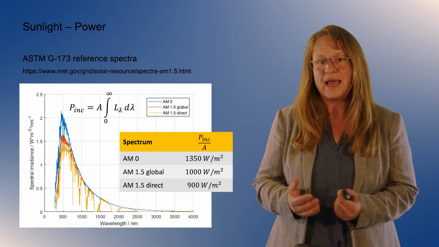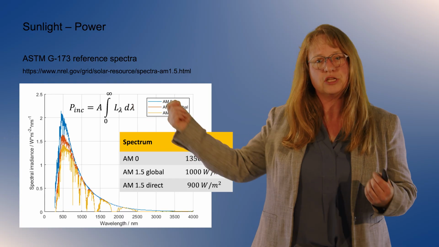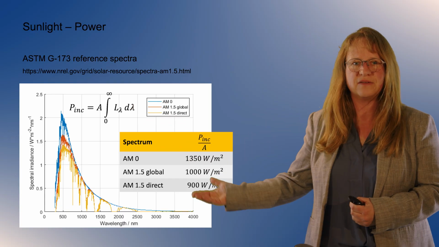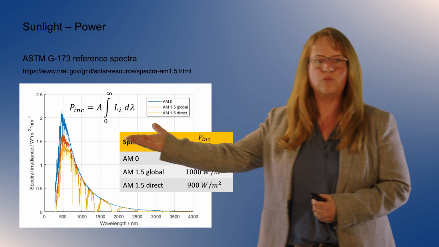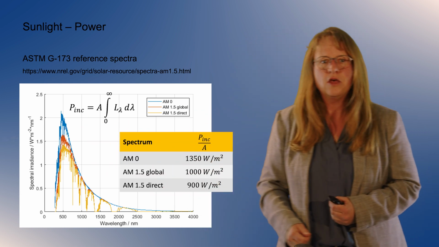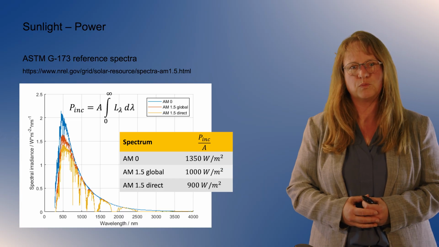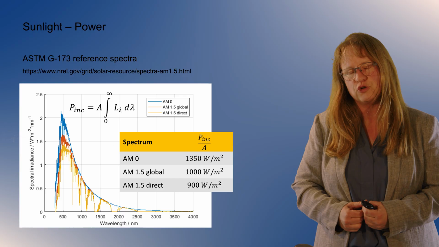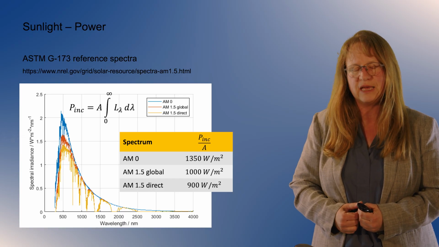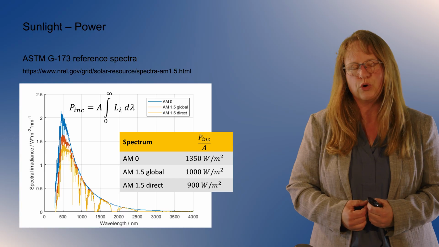Okay, so here we are back at the slides. I did this integration numerically in MATLAB, and these are the values that we obtained. For AM0, that is the blue spectrum in the graph here, we get a total power of 1,350 watts per square meter. For the AM 1.5 global, we get 1,000 watt per square meter, and for AM 1.5 direct, we get 900 watt per square meter.